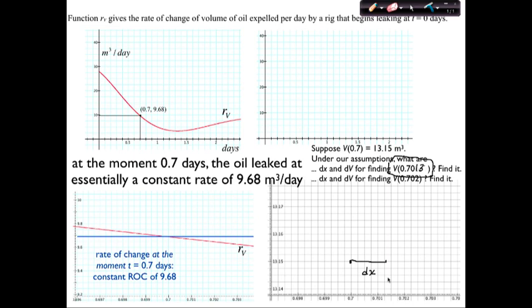All right, what about dv? How would we find dv now that we've chosen a dx? This dx is 0.0013.